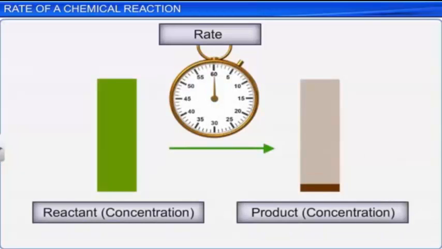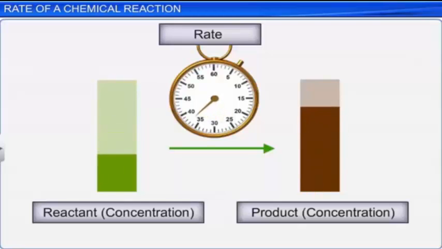Thus, the change in the concentration of the reactants or products with respect to time is called the rate of a reaction. In other words, the reaction rate specifies how fast a reaction takes place.